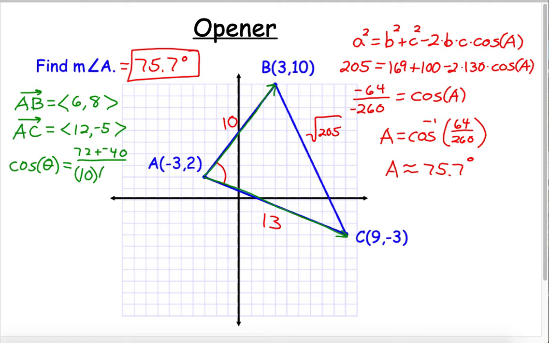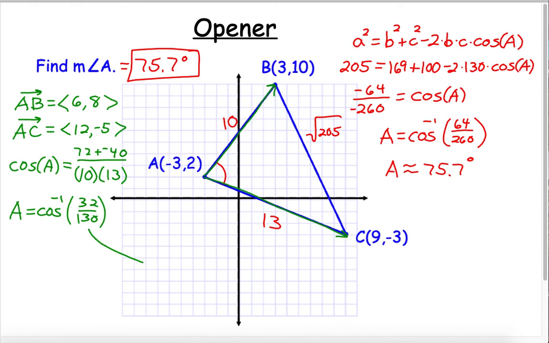And for AC, well, that's 13. So theta, or I shouldn't call it theta, I should call it A. Let's put A in there so we're not confusing anybody. So the cosine of angle A is that. So angle A is equal to the inverse cosine of 32 over 130.